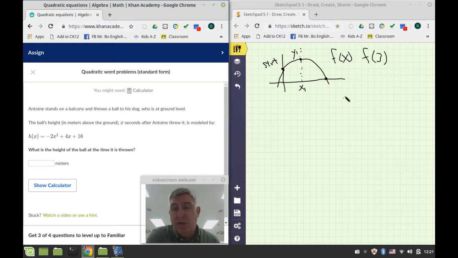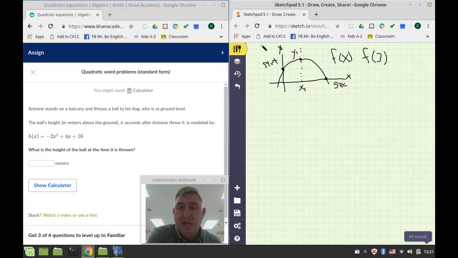So in my problem over here, this x-axis is seconds, and the y-axis is height, and they want to know what is the height of the ball at the time it is thrown.